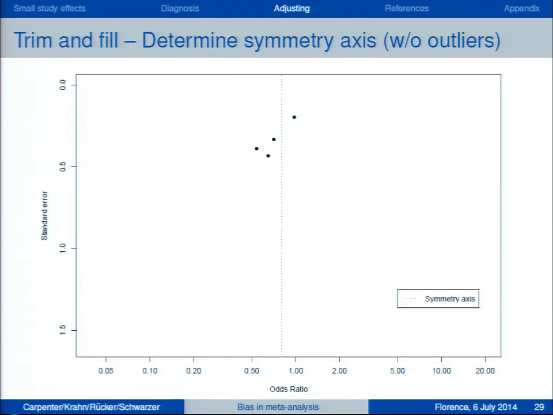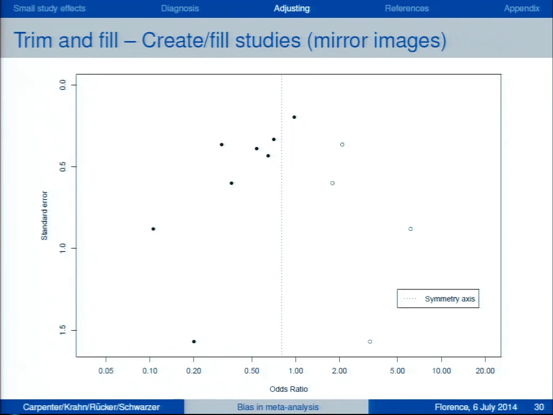This is the symmetry axis here. I don't know whether it can be seen very well. Okay, there's a symmetry axis, and now the studies revive again, but are mirrored. All of these outlier studies now get mirror images on the right-hand side of the symmetry axis. So these are in white here, open circles.